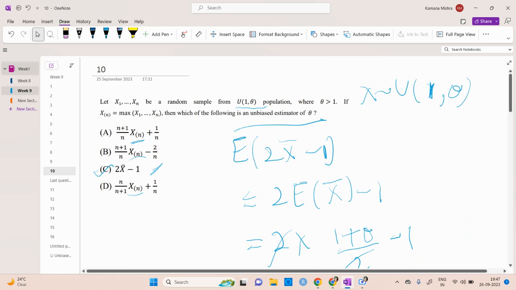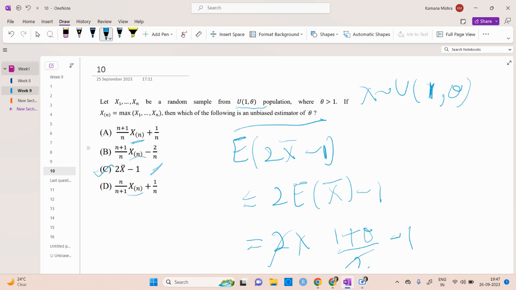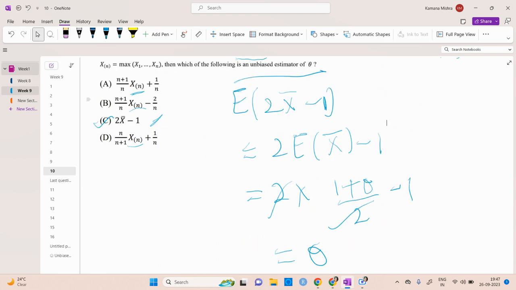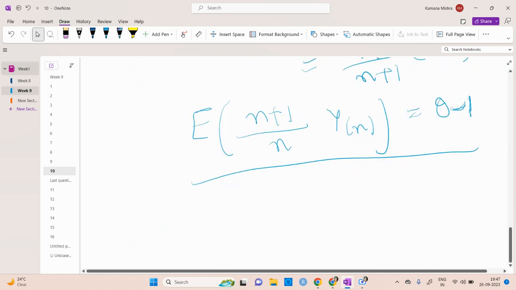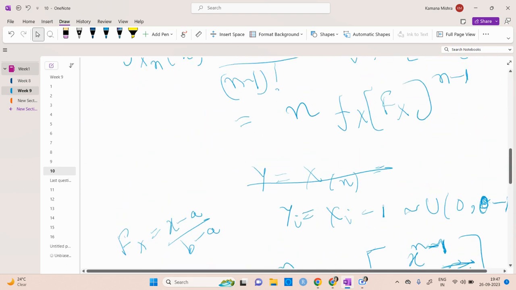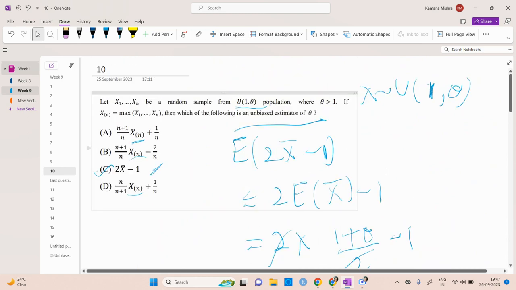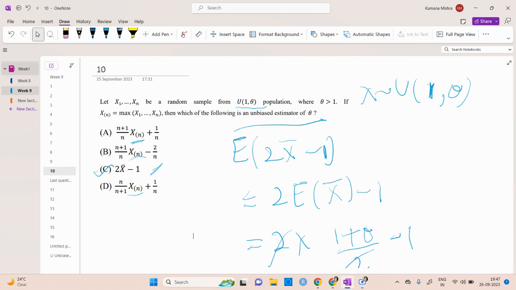Here you can see (n plus 1) by n times yn has an expectation that comes out as theta minus 1, so it is not coming out as theta. So these are not unbiased estimators.